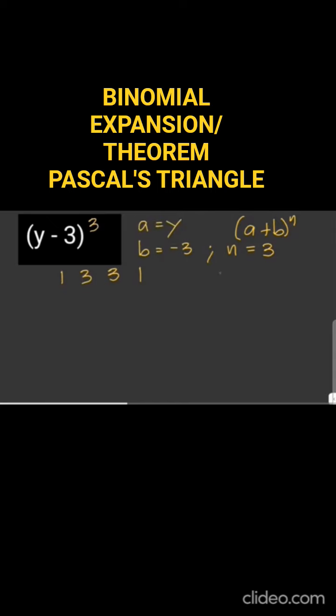Take note that the exponent of a starts from n, then ends with 0, and then b starts from 0 and then goes to n.